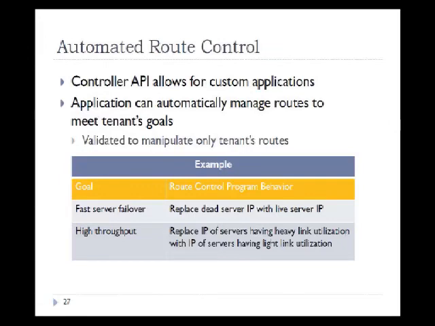So for example, if you want fast server failover, you can have a program that replaces dead server IPs with live server IPs. And in the second example, if you want high throughput, you do something similar where you replace the IP of servers having heavy link utilization with the IP of servers having light link utilization.